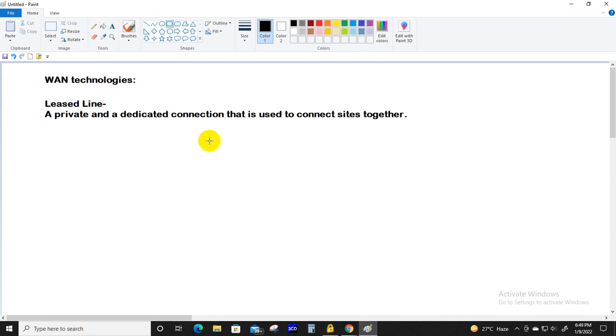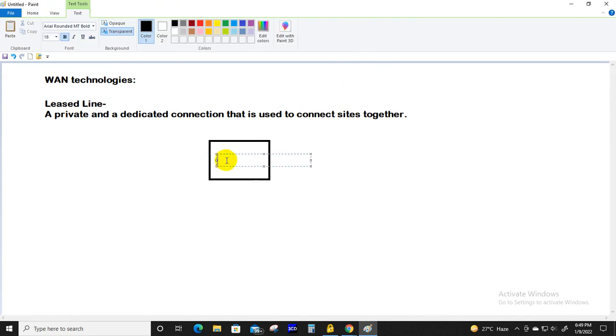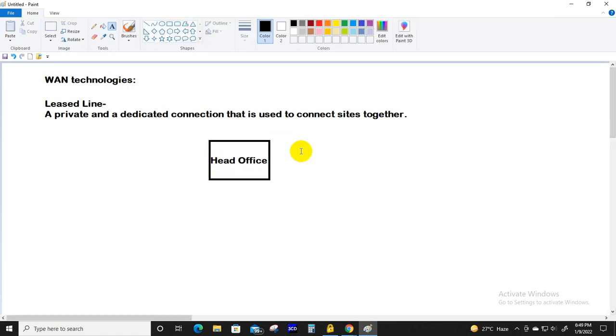Suppose you have a head office and you have some branch offices also.